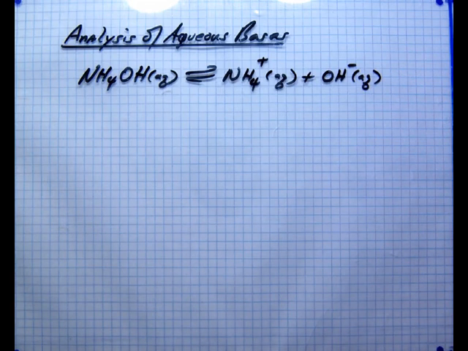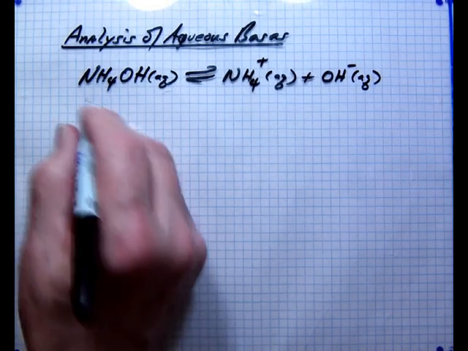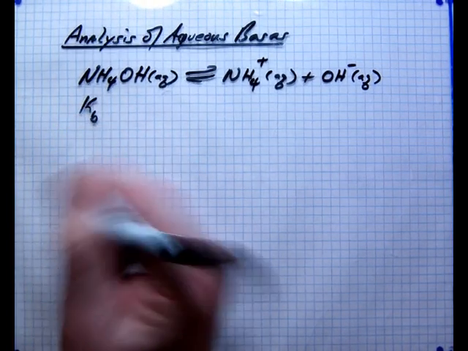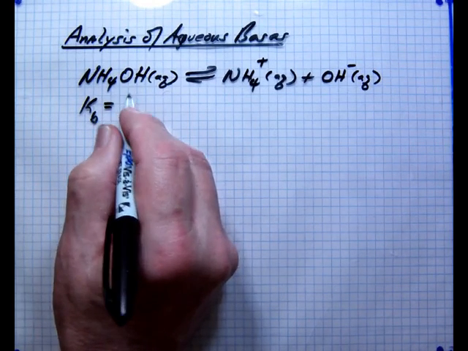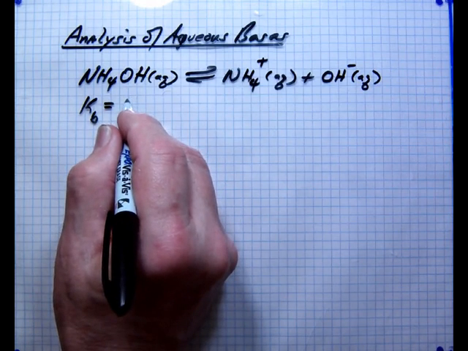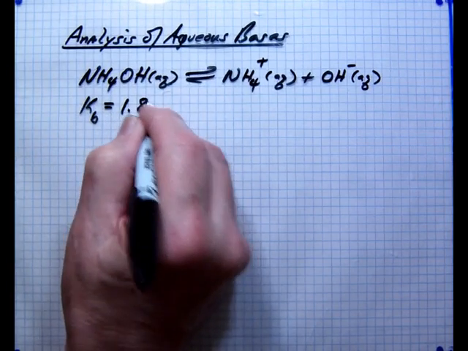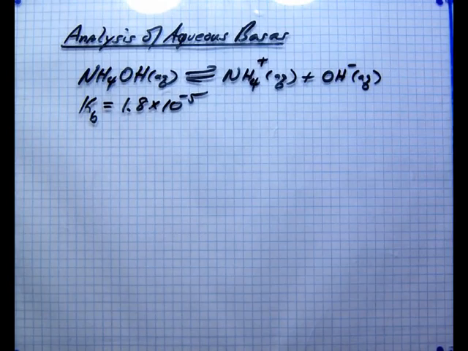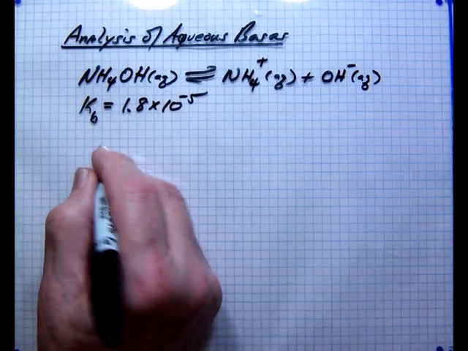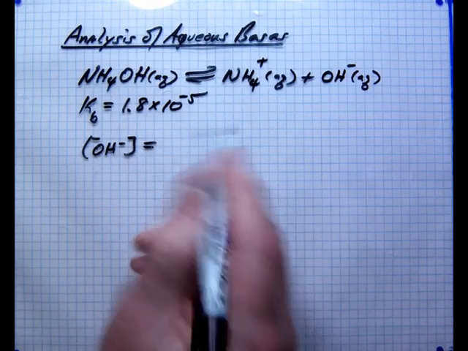And to define the base, we need to find the hydroxide ion concentration. Well, you can use a formula that's very similar to the one we use for hydronium ion calculation, provided we know what the Kb value is. In the same capacity, we're looking for hydroxide ion concentration, molar concentrations.